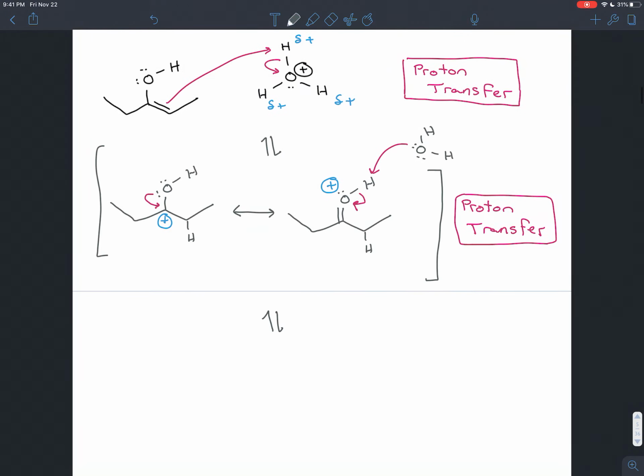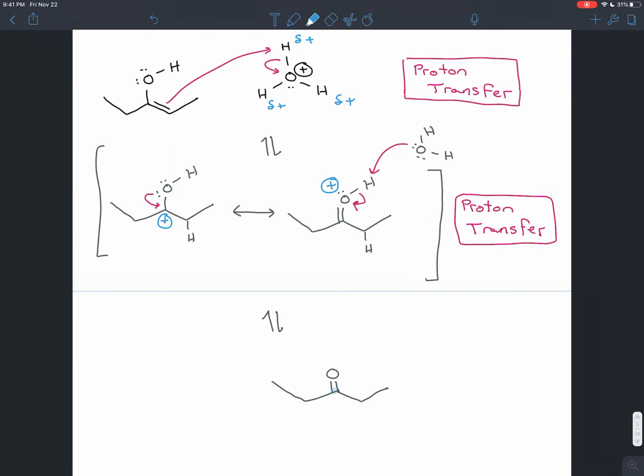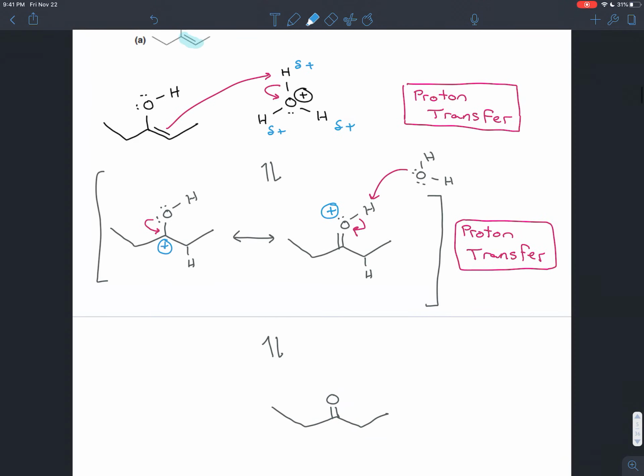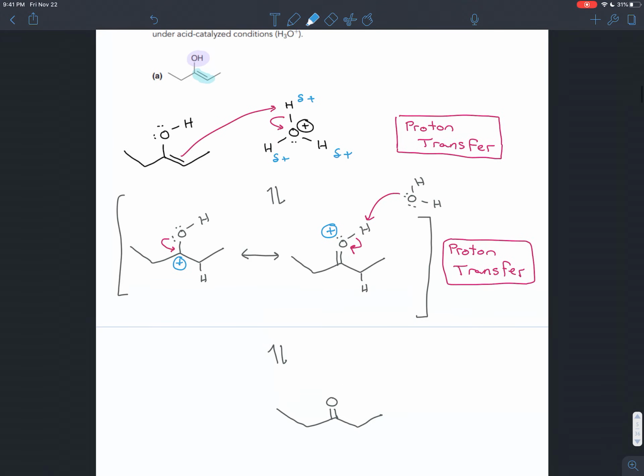What you end up with there is a ketone. Remember, a ketone is a carbon double bonded to oxygen with a carbon on both sides. So you notice that we started with an enol. Here's our enol: double bond, ene, alcohol, ol, and we end up with a ketone. We did that by changing the position of a hydrogen.